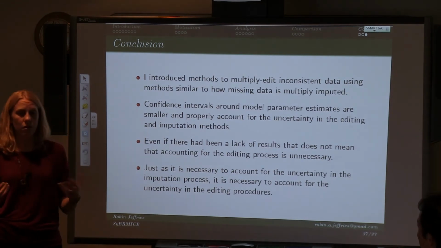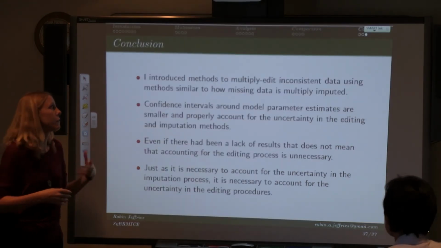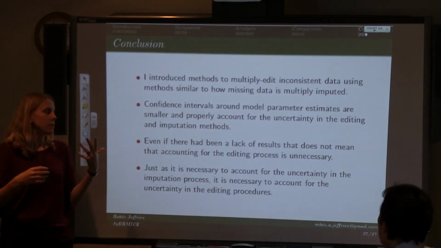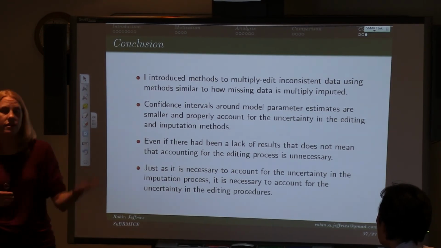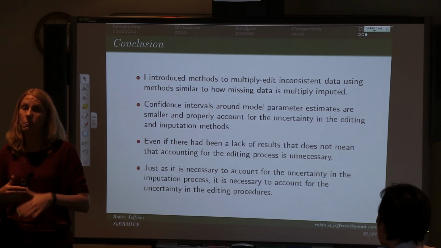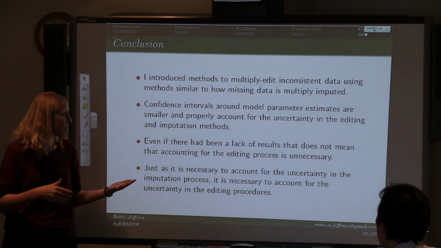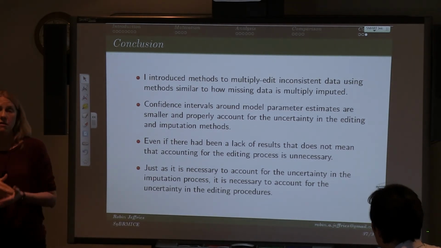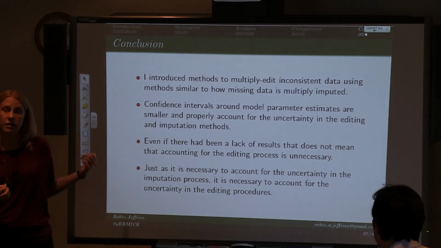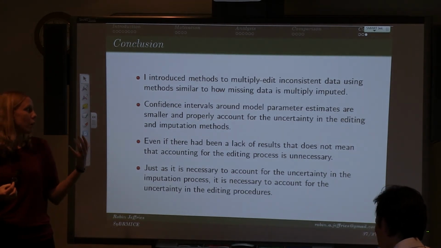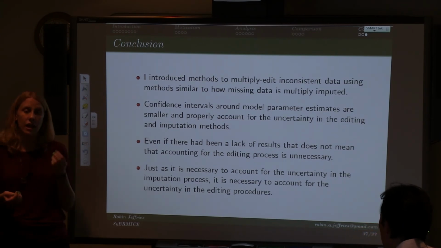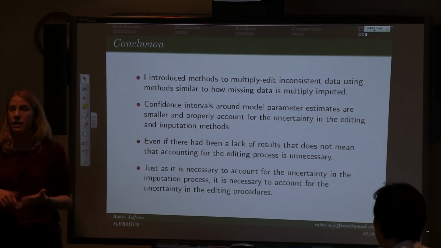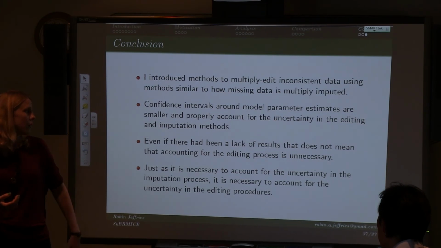So overall, I introduced this method to mostly edit the inconsistent data while simultaneously handling the missing data. The confidence intervals around the model parameters in the example I gave were smaller, but they properly accounted for the uncertainty in those editing and imputation models.